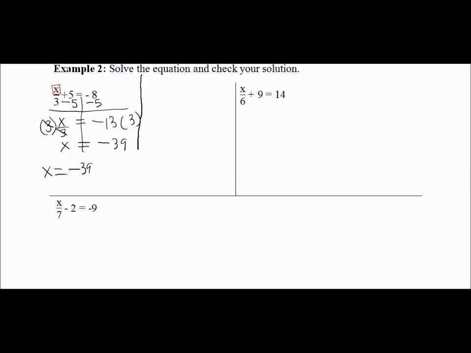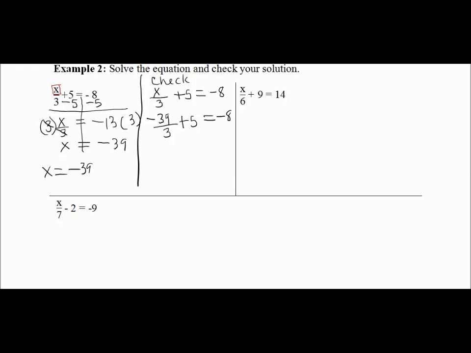Now that's what I say the solution is, but I need to check it just to verify that I have the correct answer. My original equation was x over 3 plus 5 equals negative 8. I'm going to replace this x with what I say the solution is, negative 39. So it becomes negative 39 over 3 plus 5 should equal negative 8.